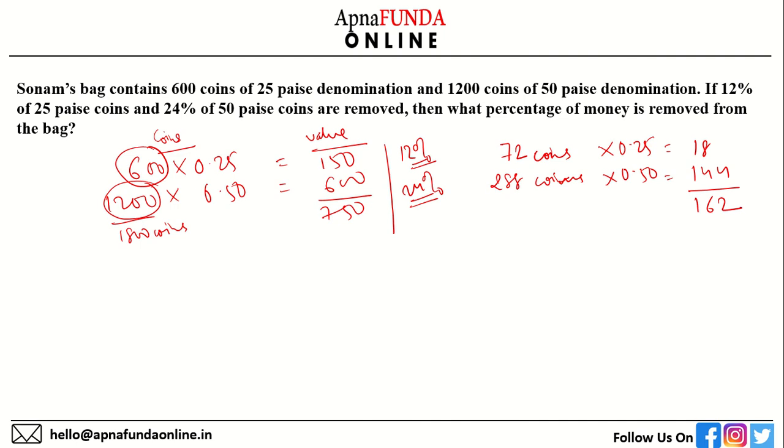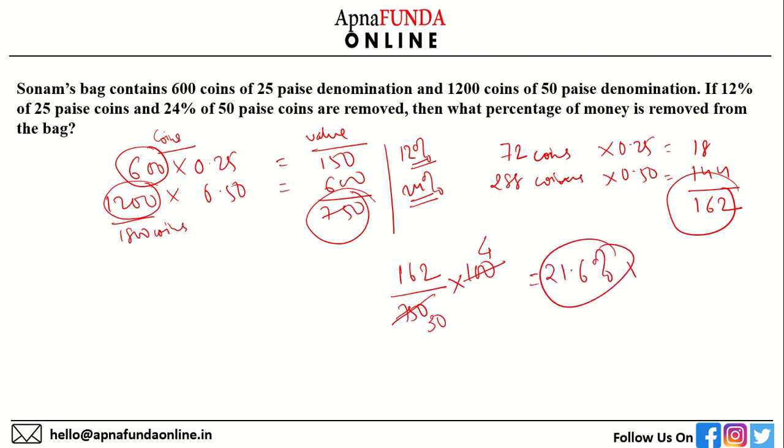So out of 750, 162 is removed. Correct. What percentage of money is removed? So 162 divided by 750 into 100. Correct. This will give me 21.6%. This is my answer. I hope you have solved along with me, and this is the answer that you will get. Easy question.